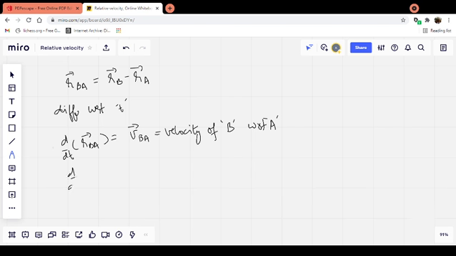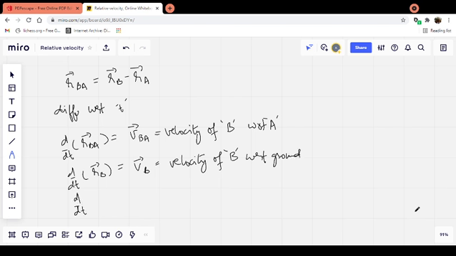Similarly, if I were to differentiate position of B, that would give me velocity of B, and we say this velocity is with respect to ground.